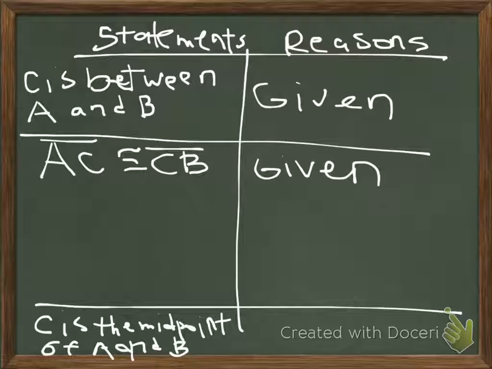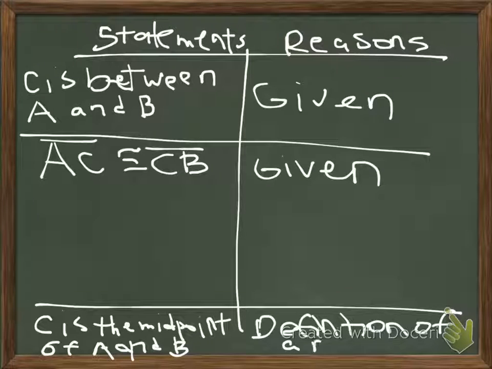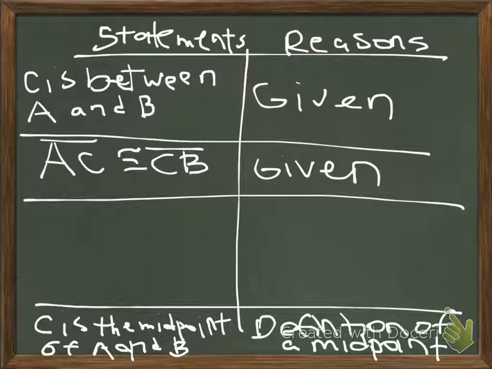So, this is going to be by definition of a midpoint. And in this case, this is not going to be a normal proof where you have two givens and then you have the proof right away.